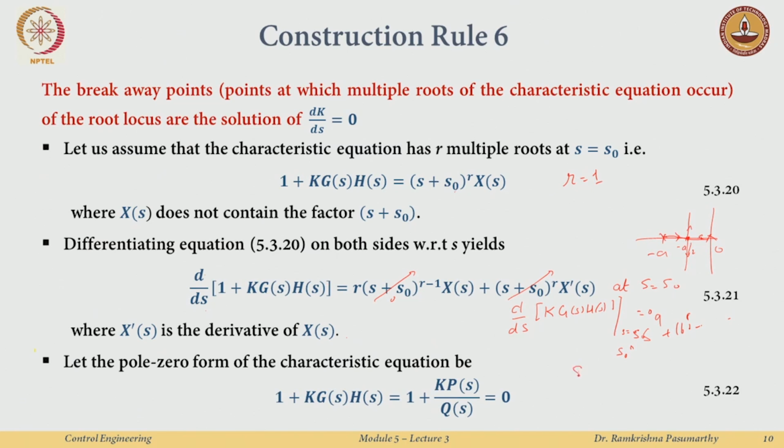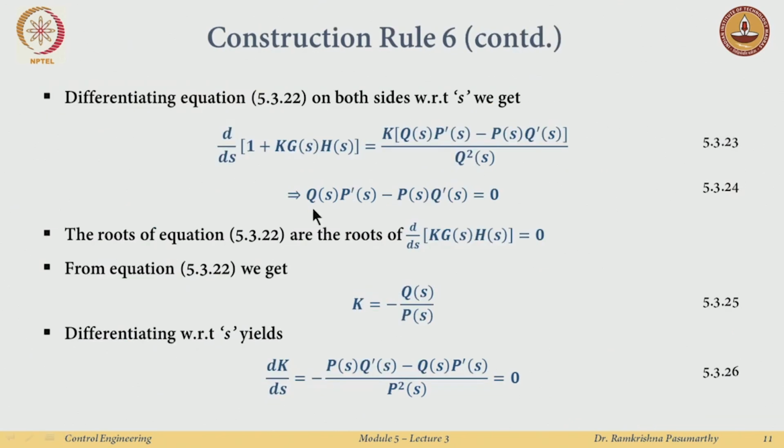So if s naught occurs twice, that means d over ds of 1 plus k g h is also equal to d over ds of g times h equal to 0, and we can have the k or not. Okay. Now this being 0 tells me that there is a multiple root. This being 0 also means that this is 0.